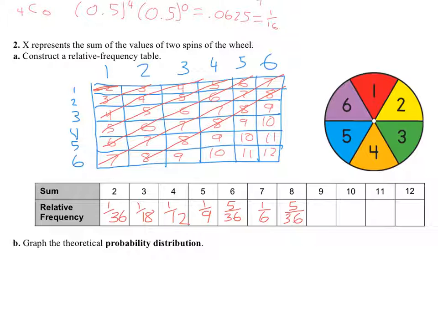There are 4 ways to get a 9. 4 over 36 is 1 over 9. There are 3 ways to get a 10. 3 over 36 reduces to 1 over 12. There are 2 ways to get an 11. 2 over 36 equals 1 over 18. And there is 1 way to get a 12.